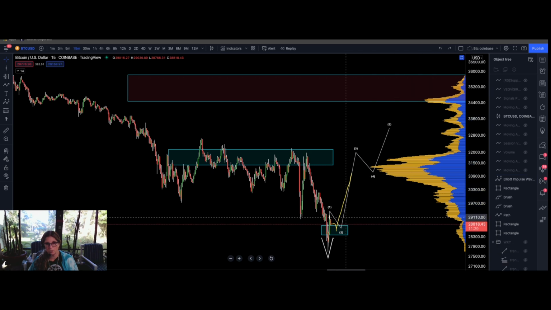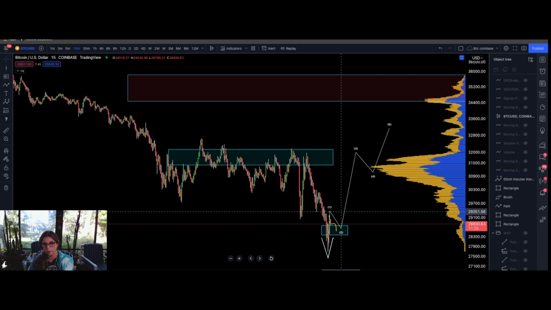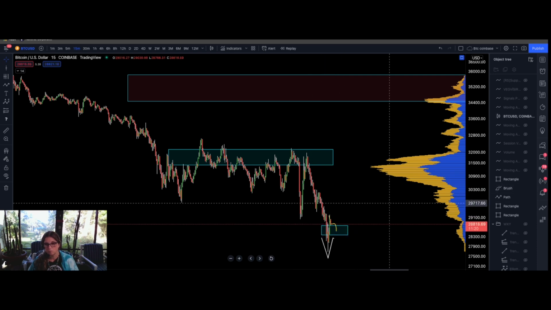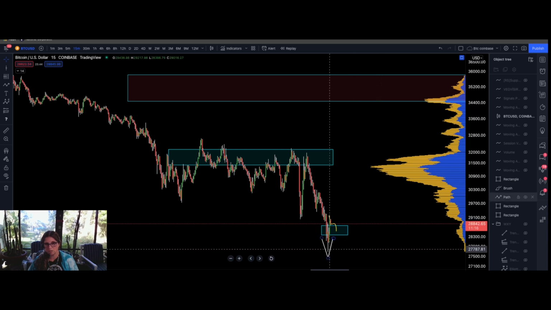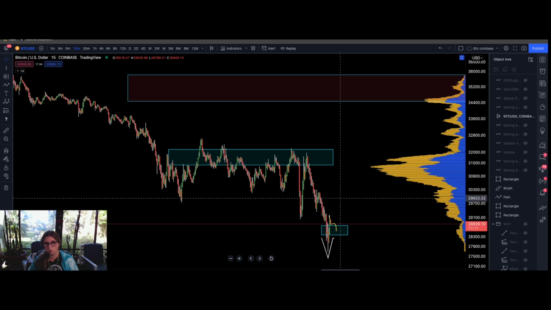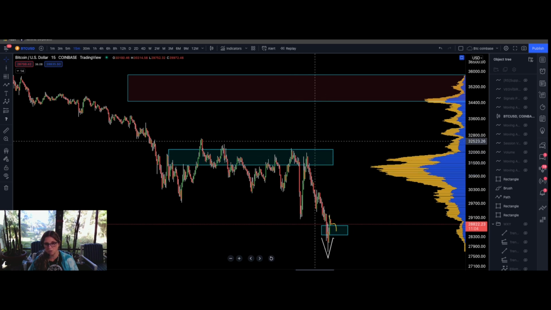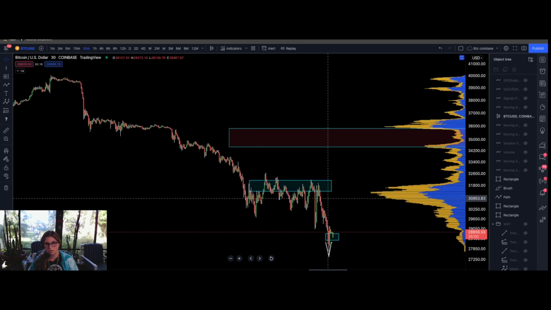I get much more deeper into that in my video called When the Bottom's In. But this gives you a little brief description of what to look for. It's got to get through the prior fourth, push through, pull back, find support, kick off, fill in this insufficiency, and then it's got to get above here, this prior fourth, so that it can fill this gap and fill in this insufficiency.